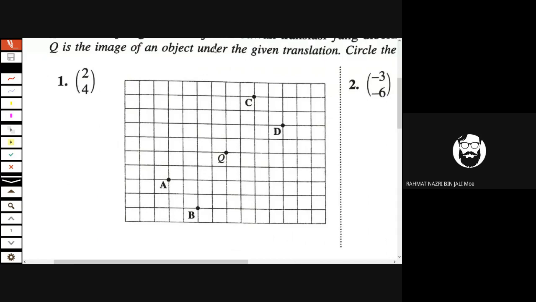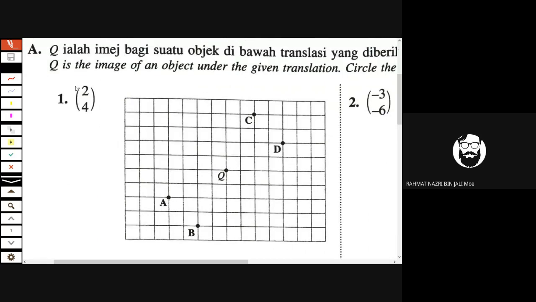Number 1. Q is the image of an object under the given translation (2, 4). Circle the object of Q. Q is the image. Now we are looking for the object. Now we're going to apply the formula.